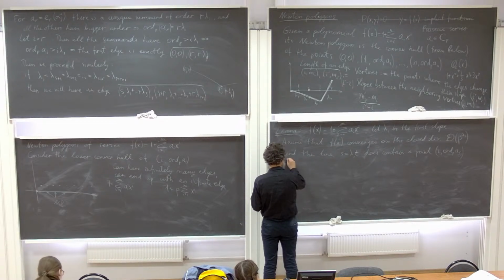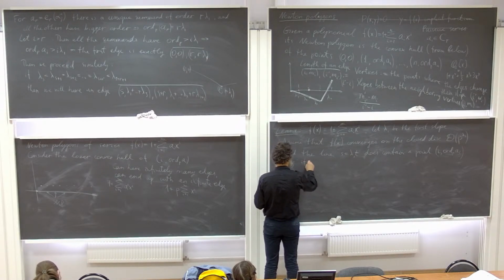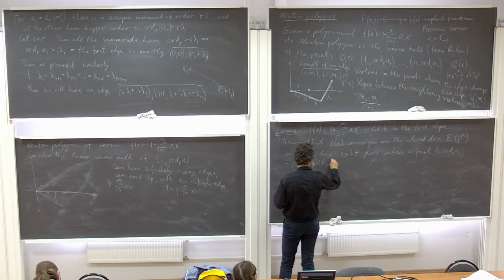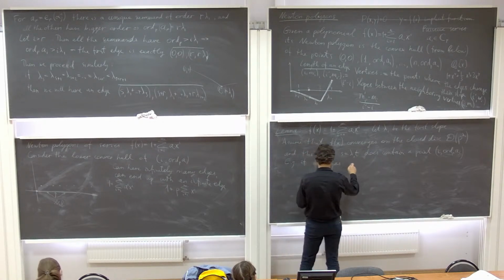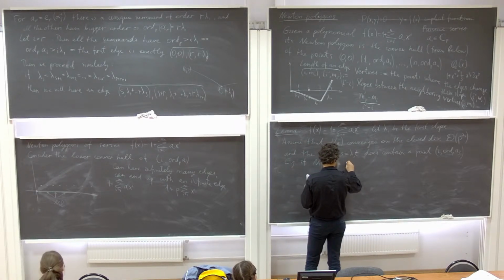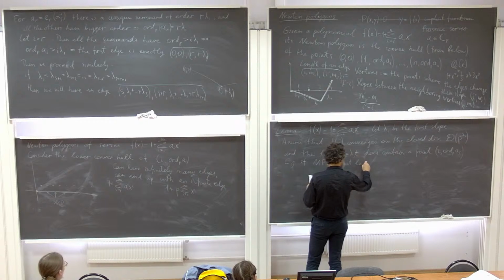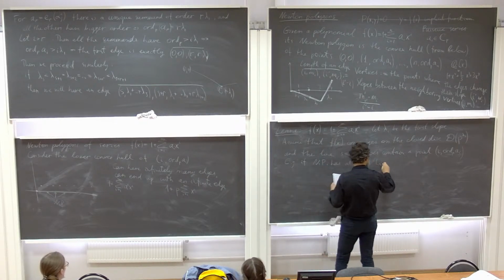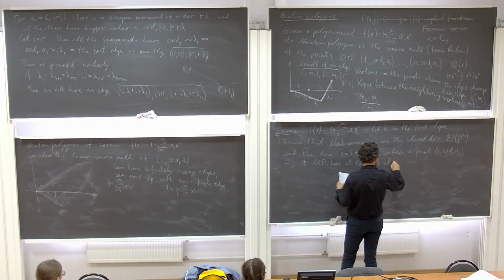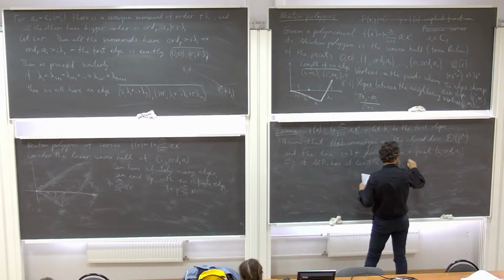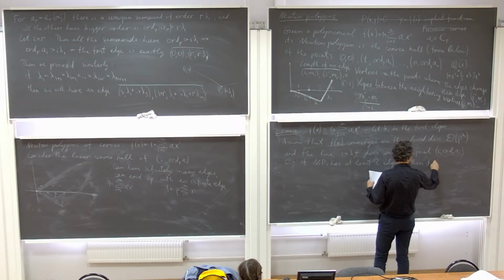Okay, so for example, if the Newton polygon has at least 2 edges, then these conditions are satisfied.